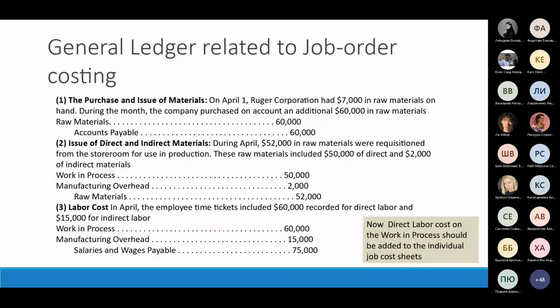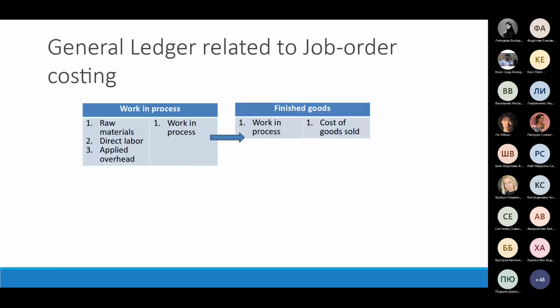So the sequence of steps is the following. We first of all work with the account named work in process, and then use transactions to make the correct assignment of finished goods.